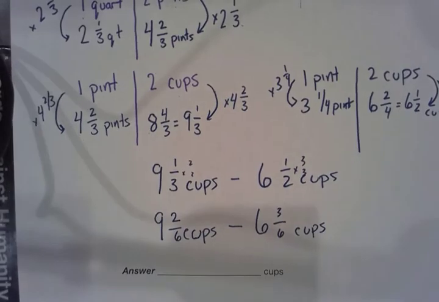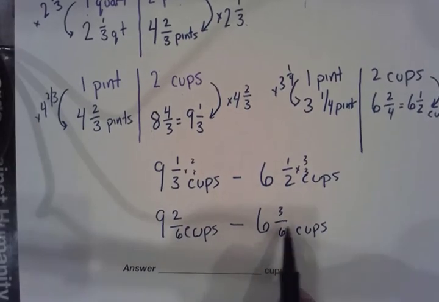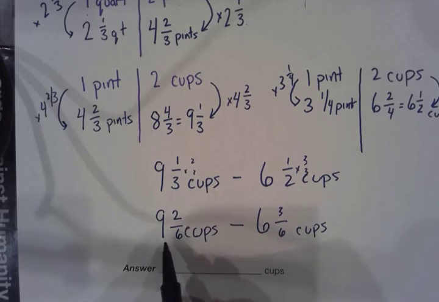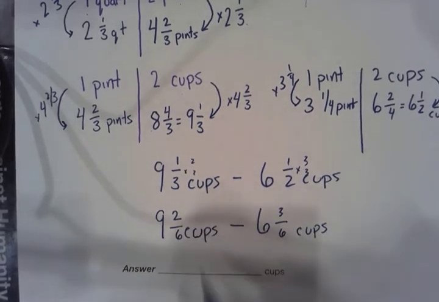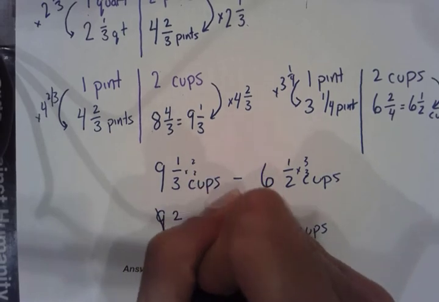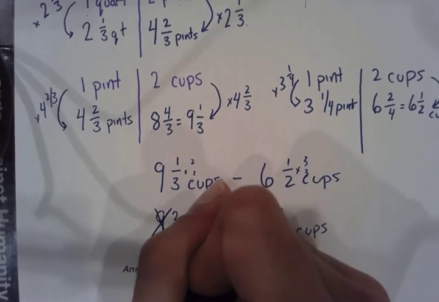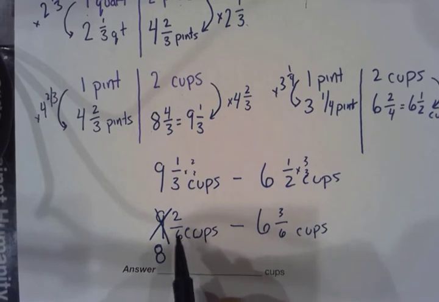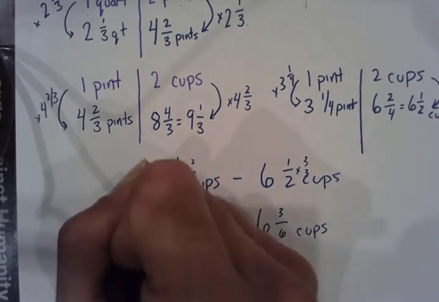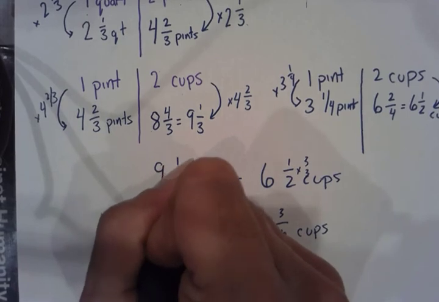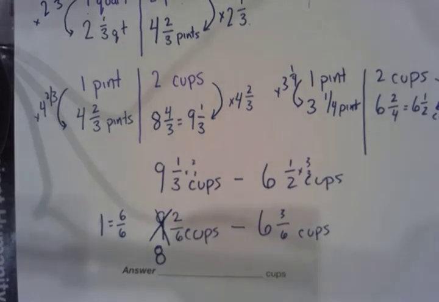And now we're almost there. Because 2/6 is less than 3/6, I am going to borrow 1 whole from 9 and add it to my 2/6. So I'm going to turn this 9 into an 8 and add 1 whole to this 2/6. But this time I have to be careful because 1 whole is the same as 6 over 6.